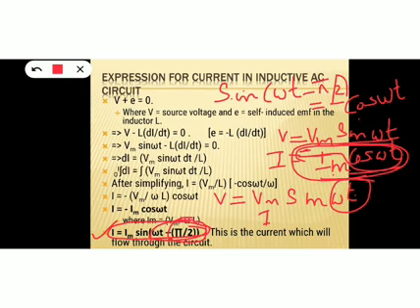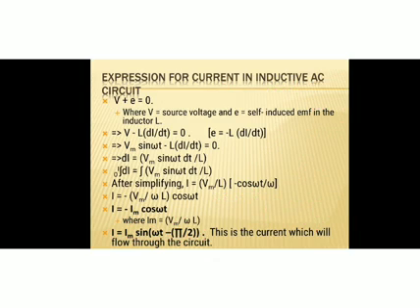But here in the inductive AC circuit, voltage leads and current lags behind the voltage by a phase angle of pi by 2. It's very important. You must always remember this concept.